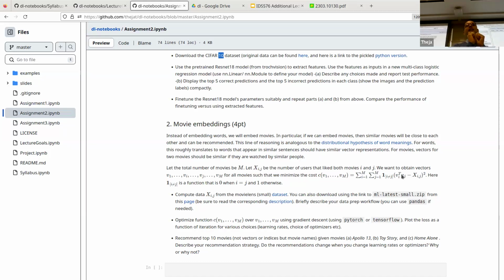Then for every pair of movies, the number of users who like them, every movie has just one parameter, and the parameter times parameter is going to be approximating the number of users who like this movie. So you can see that would be very limited, because with single numbers, you may not be able to approximate a quadratic number of numbers, basically.